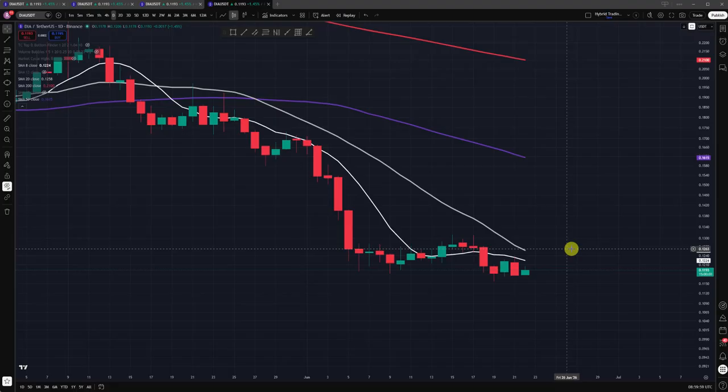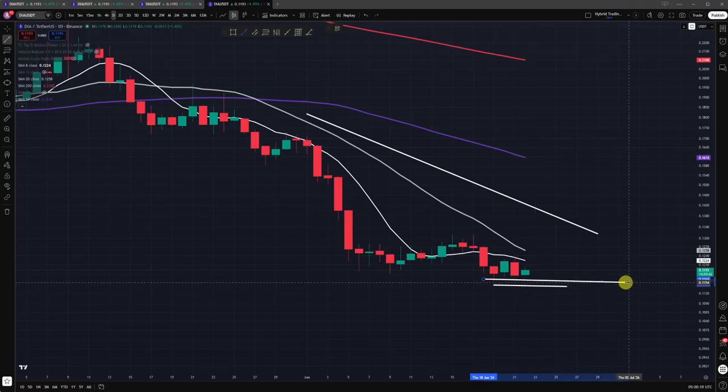So when a coin, in general, I'm just talking about in general, is in a bear market and it's going down, you're really looking for two scenarios. Like I said, you've got your ranging scenario. So you would like to see your price ranging long term between two upper and lower wicks.